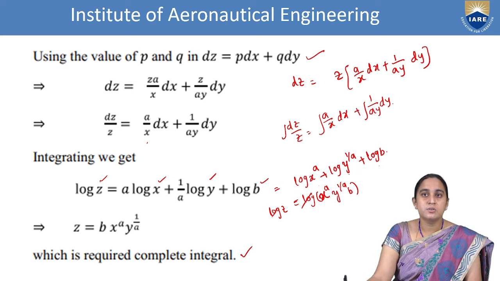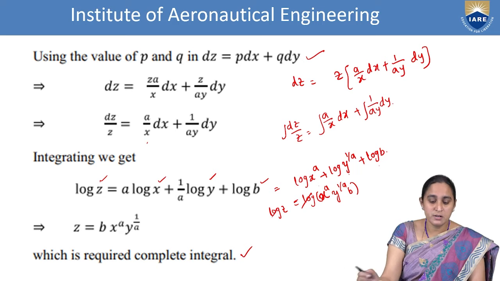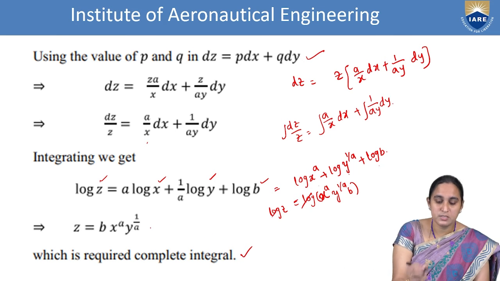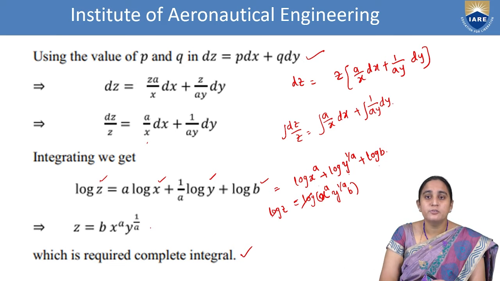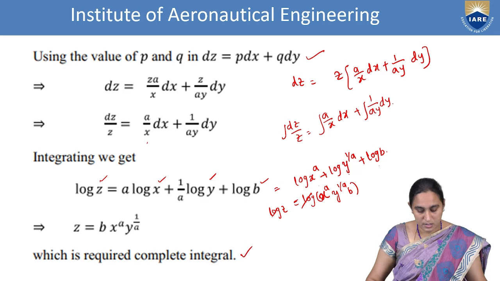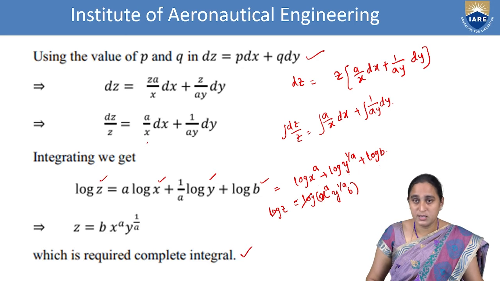What is the general solution formula? dz is equal to p dx plus q dy. After substituting p and q, next integrate, and after that we get the required solution. That is, the solution for the first question is z is equal to b into x power a into y power 1 by a. Okay, next I'll explain one more question for the same method.